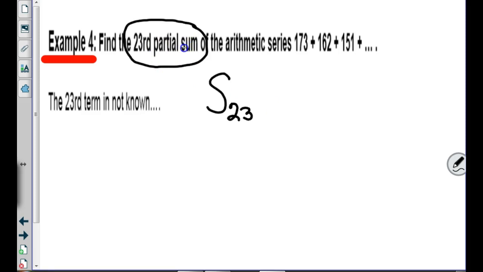All right, but do we know the first and last term? No. How are we going to find the last term? Okay, so we need to find the 23rd term. So how are you going to do that? The first term is 173.